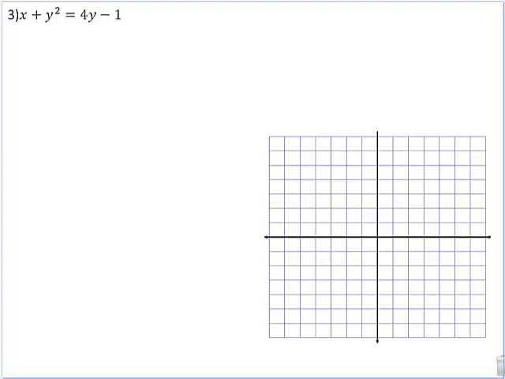Okay, so we're going to have to subtract the y squared over first. Our x is alone, so we know that this will be going left or right. So the equation will be x equals a times y minus k squared plus h.